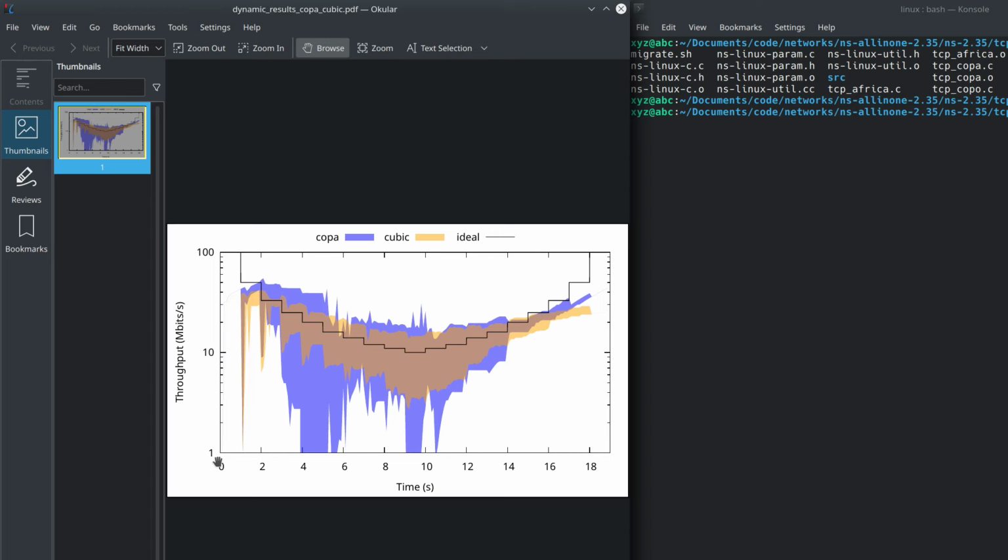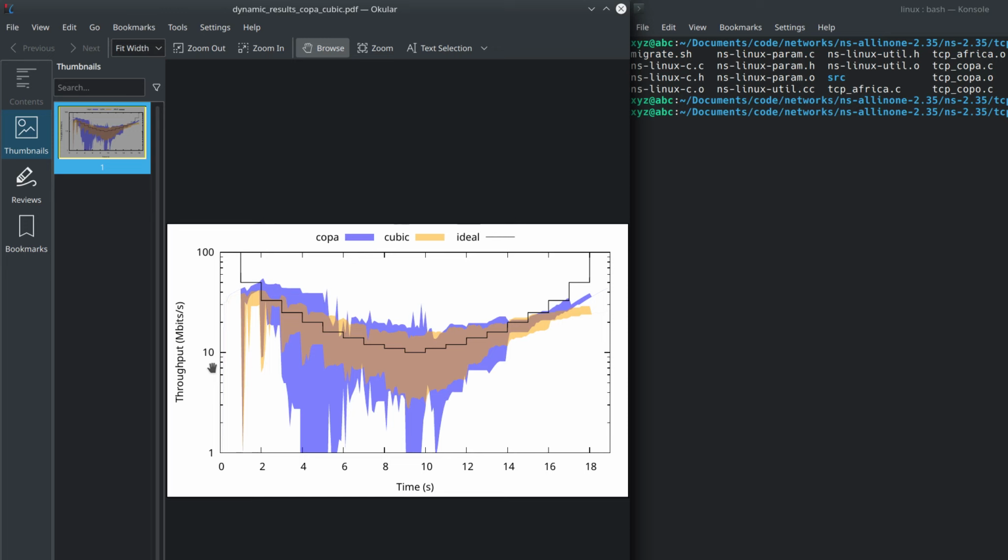If there are three, the average throughput should be 100 over 3, and so on and so forth. So for example, when we have 10 flows active, we should have 100 over 10, a throughput of 10 megabits per second. That's basically what the black line means.